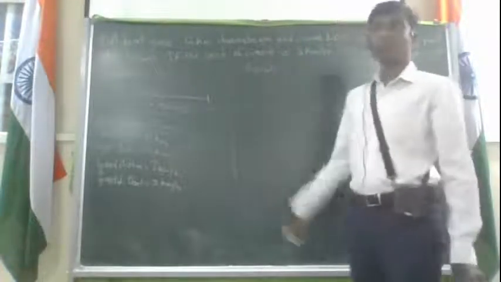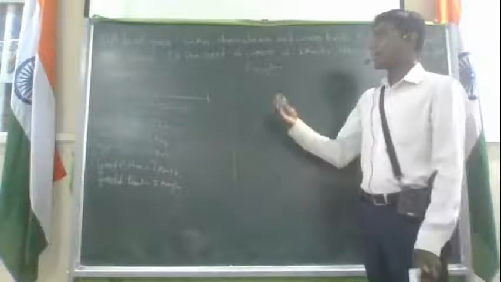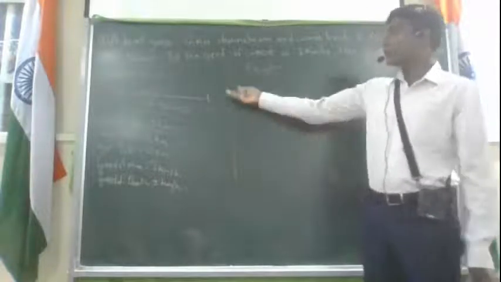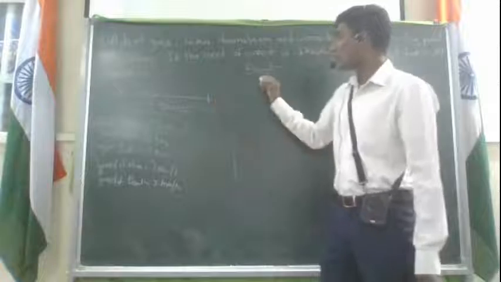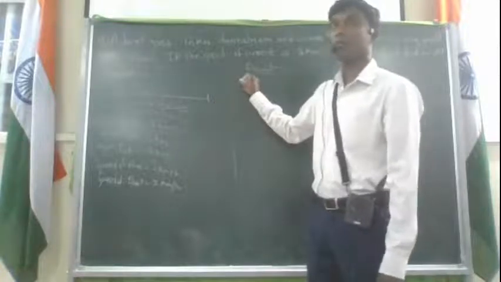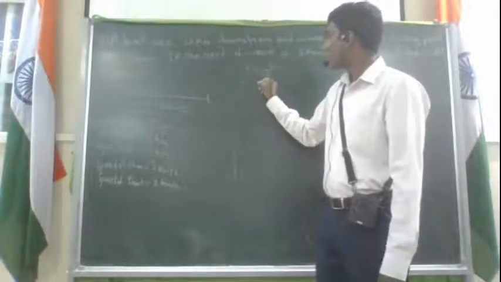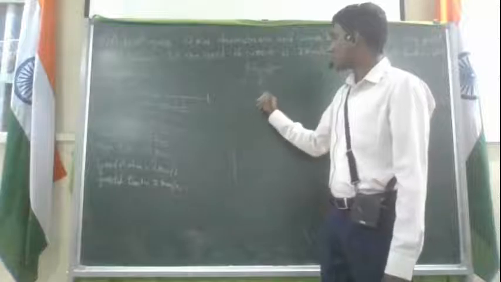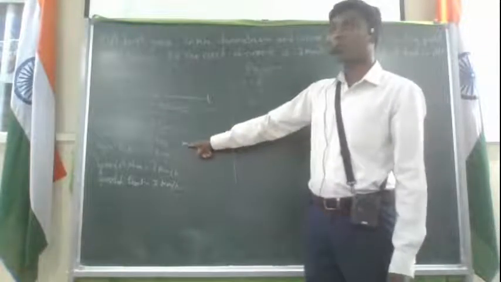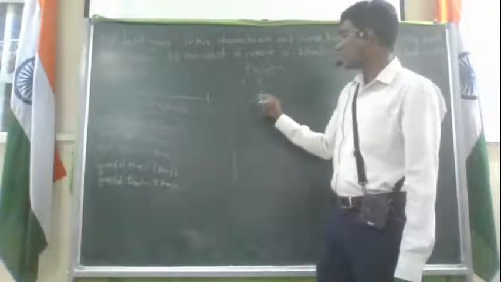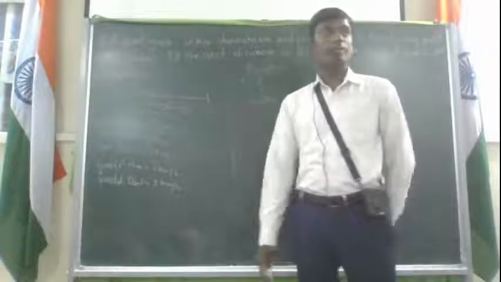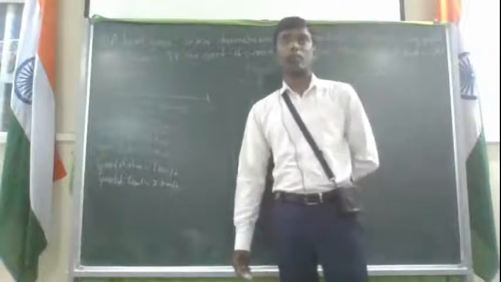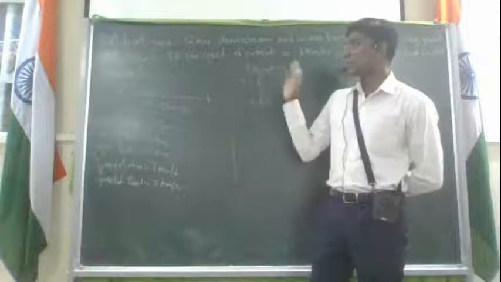Now let me first take the case of downstream. Can you tell me how much time the boat might have taken to go downstream? Time is equal to distance by speed. What is the distance traveled by the boat downstream? 12. What is the downstream speed?